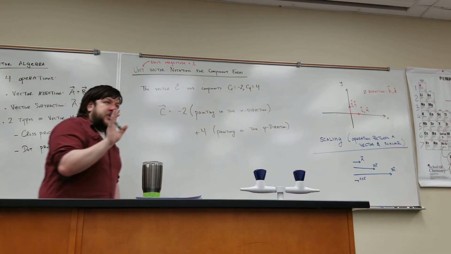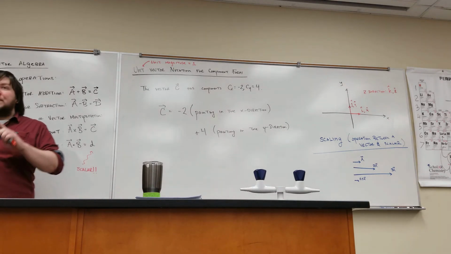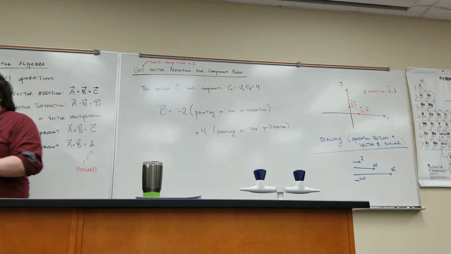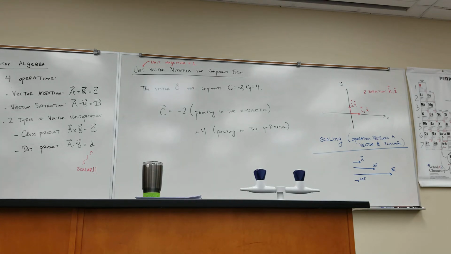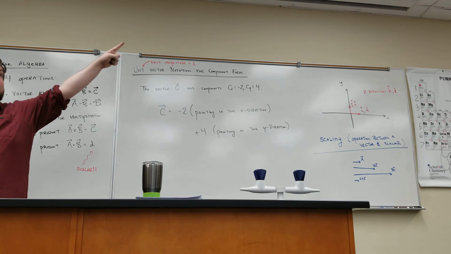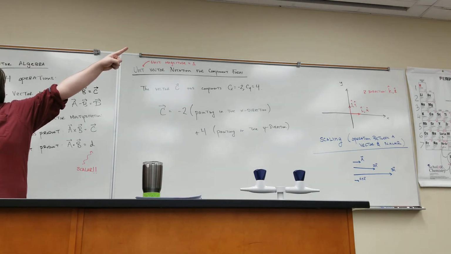The one exception to this rule is if you multiply a vector by a negative scalar. A negative scalar can reverse the direction of a vector. No scalar can rotate a vector. So if A points to the right, no scalar can make it point 10 degrees above the right. That's impossible.